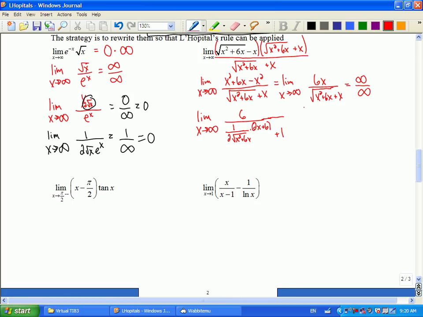And the reason I haven't collected my like terms yet is what I'm hoping is maybe I have something that I can work out now without having to do any more derivatives. It'll be a little easier for me to think about if I do one little piece of simplification here. I'm going to rewrite this as 2x plus 6 over 2 root x squared plus 6x.